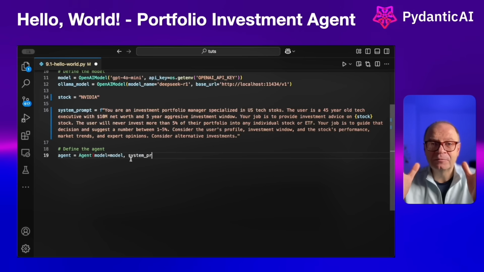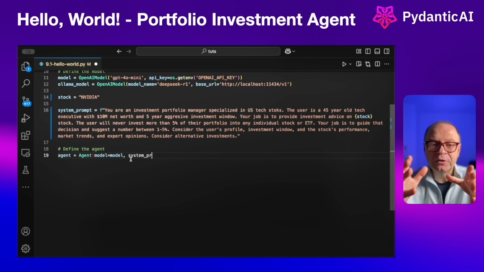For my investment style, that would be a really bad decision. However, with the maximum 5% guardrail, the model knows what the allocation should be. Next, your job is to guide the decision and support a number between 1% to 5%. Consider the user's profile, investment window, and so on and so forth. So a super important system prompt.